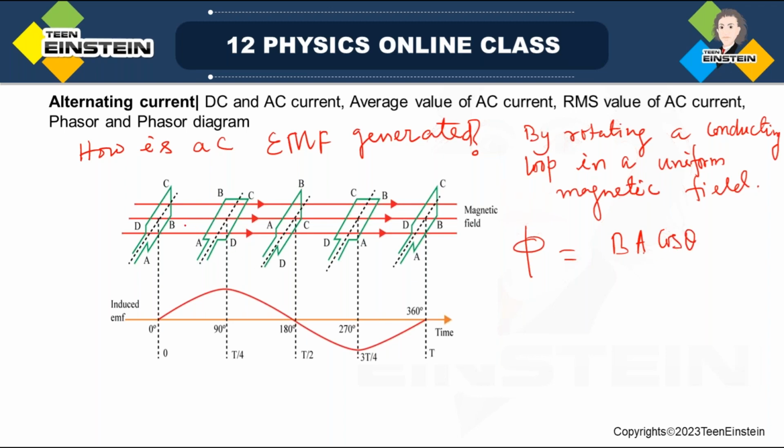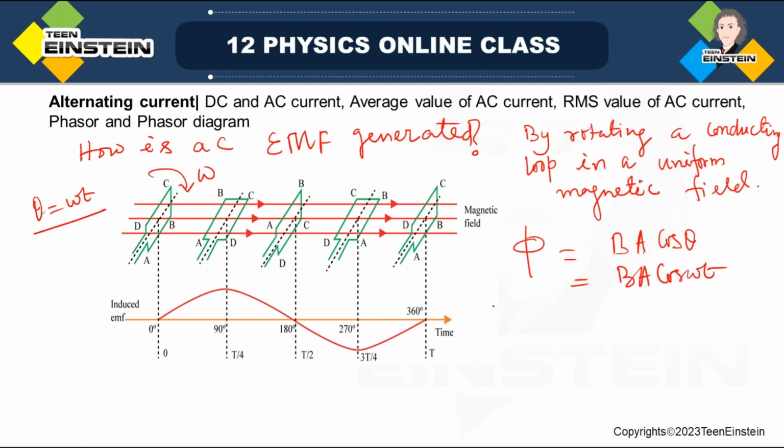Now if the loop is rotated with angular frequency omega, then at any instant of time this angular displacement theta will be omega t. Then I can write BA cos omega t.